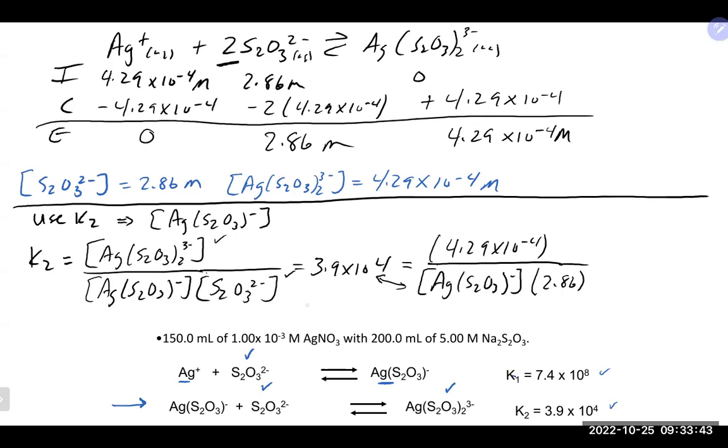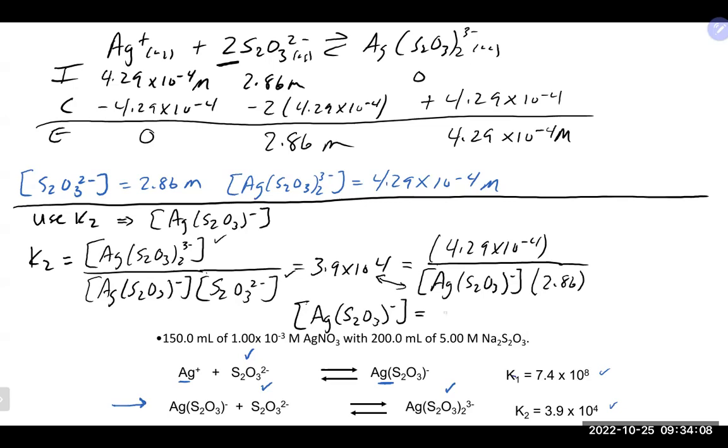And that means that our intermediate concentration would equal 4.29 to the minus 4 divided by 3.9 to the 4th divided by 2.86.